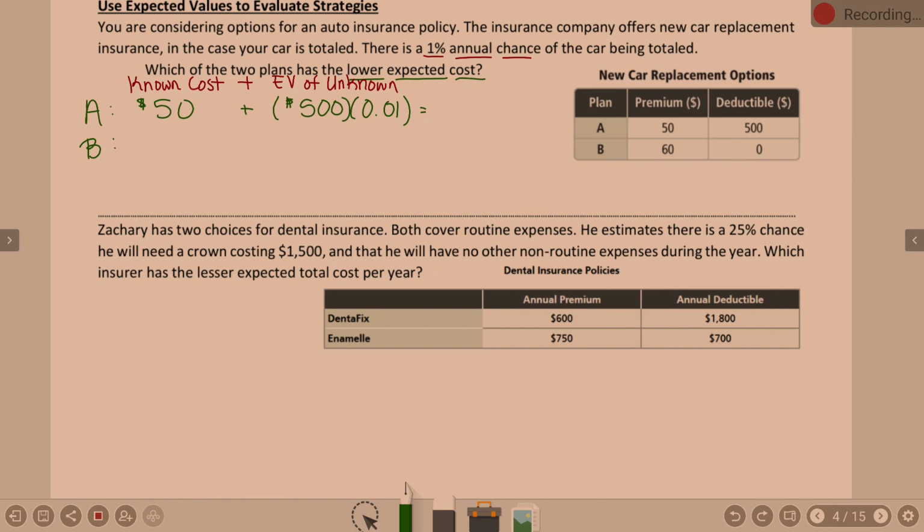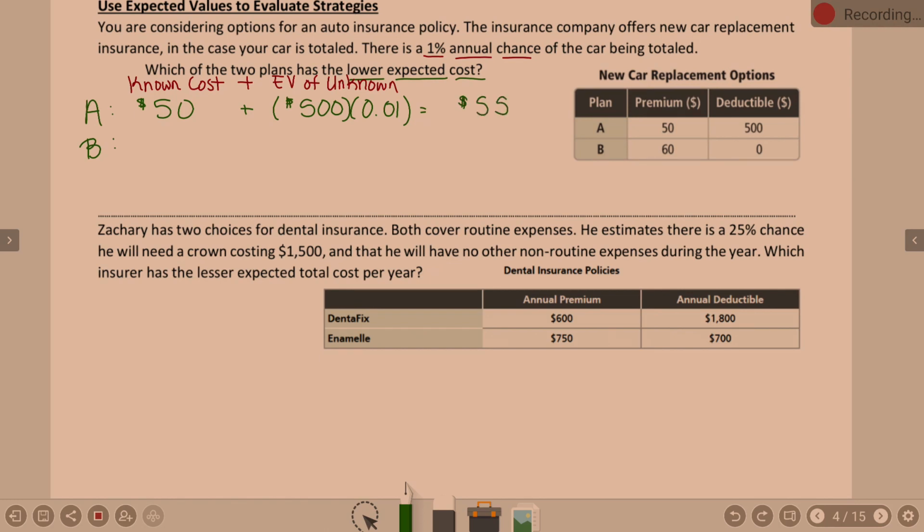So what is 1% of 500? Five, right? 1% of 100 is 1. So 1% of 500 is 5. And 50 plus 5 is 55. Okay, what about B?